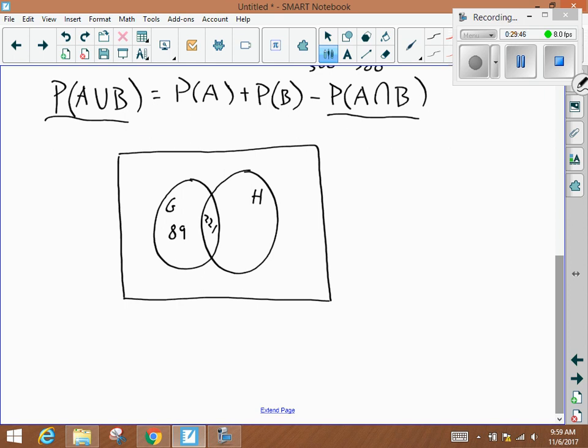And over here, we have 119 that are only homeowners. So let's use this notation. G intersect H is equal to 221.